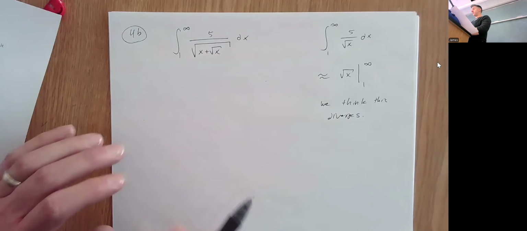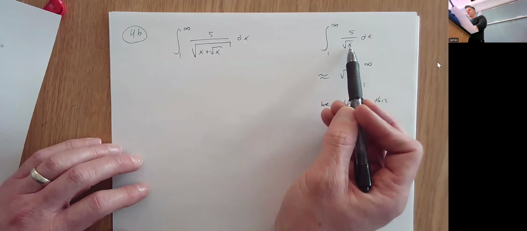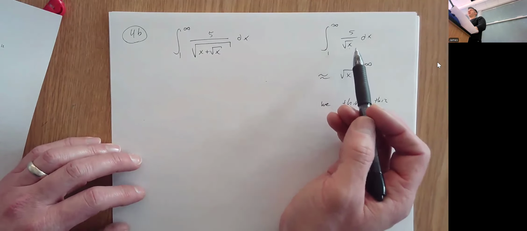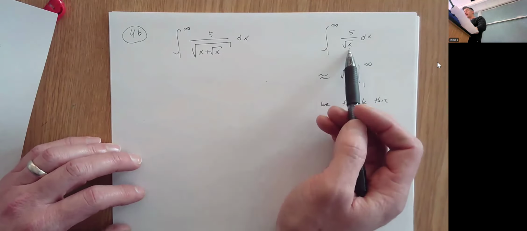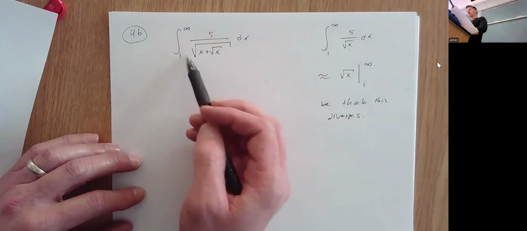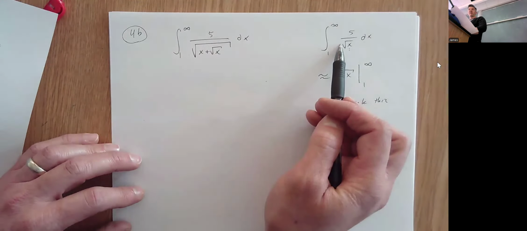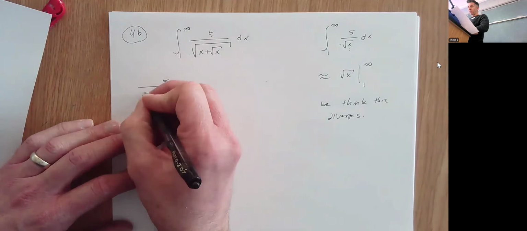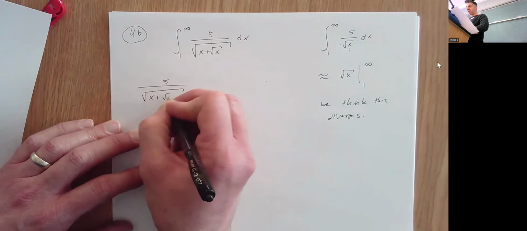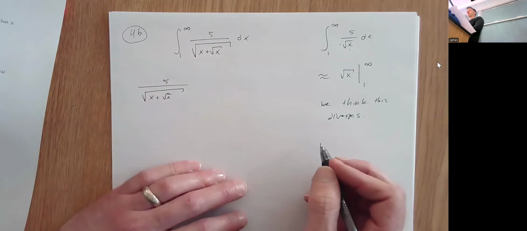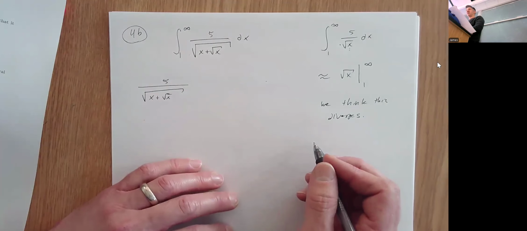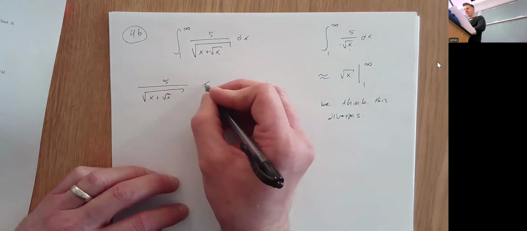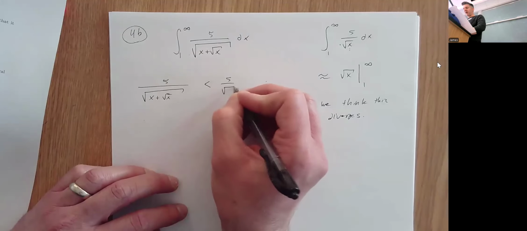So what that means is if this is divergent, which I think means this isn't going to work out very well. I think I'm not going to compare it to this because the problem is I need that this whole thing needs to be bigger than that thing if it's going to be divergent. And the problem is I think 5 over the square root of x plus root x, well, if you make the denominator bigger, you make the fraction smaller, which means this fraction is smaller than that fraction, and that's not what I wanted.